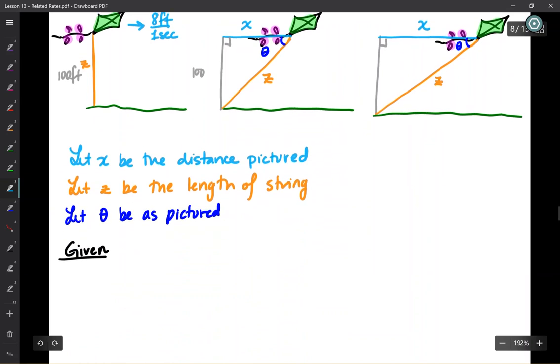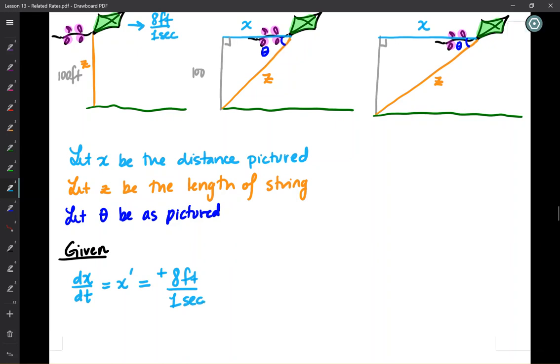So they gave me dx/dt, the rate at which that distance, or x prime if you prefer, is 8 feet per second. And it is in fact positive because that distance is increasing over time. 8 feet per 1 second.